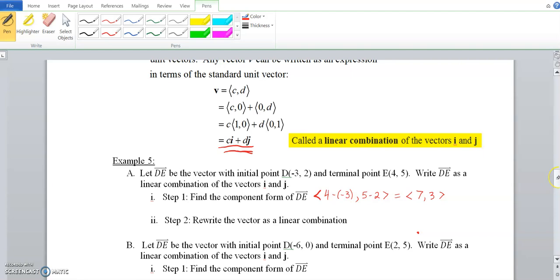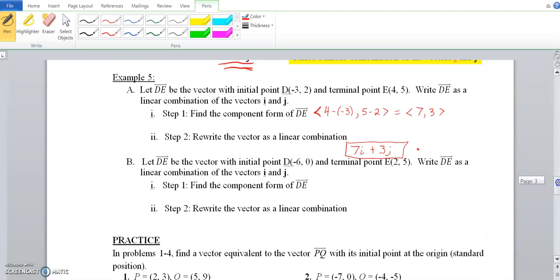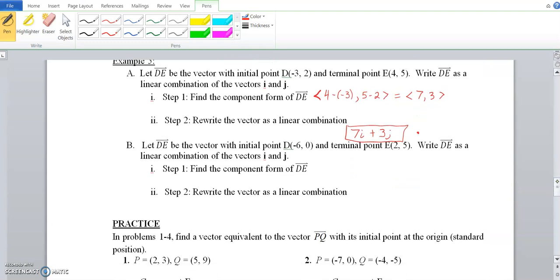So this one asks us to write it as 7i plus 3j. Just like that. The hard part is getting it into component form if it's not already there. If it's in component form, writing it as a linear combination is very simple. You just take the numbers and put i and j after them.